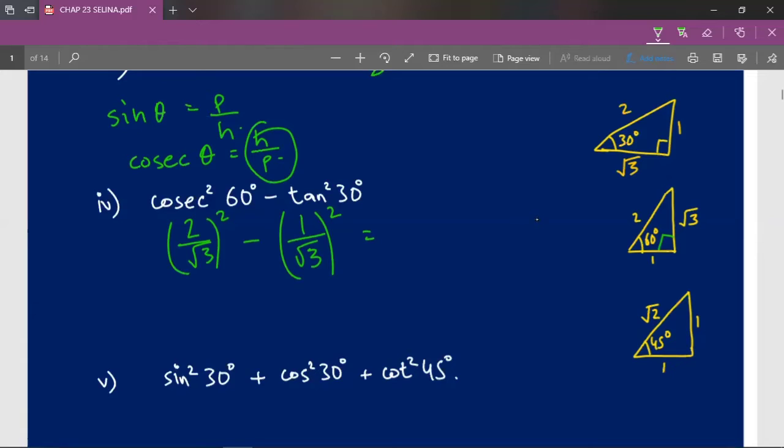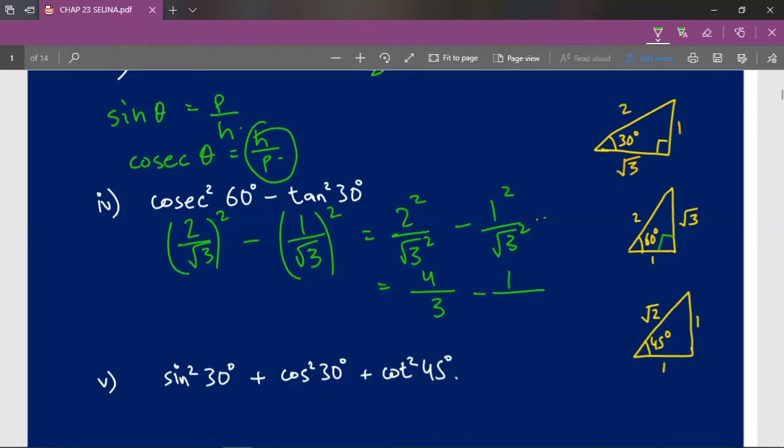Now 2 upon root 3 whole square can be written as 2 square upon root 3 square. You must have learned that in exponents. Minus 1 upon root 3 whole square, that is 1 square upon root 3 square. 2 square, that means 2 into 2, which is 4, upon root 3 into root 3, that is 3. You must have learned that in square roots. Minus 1 into 1, that is 1, upon root 3 into root 3.